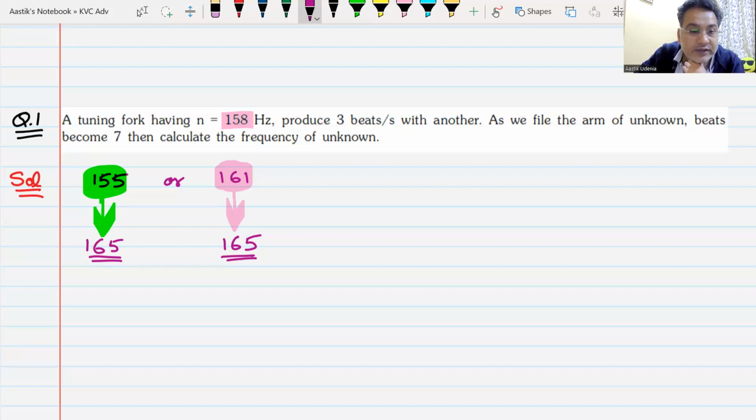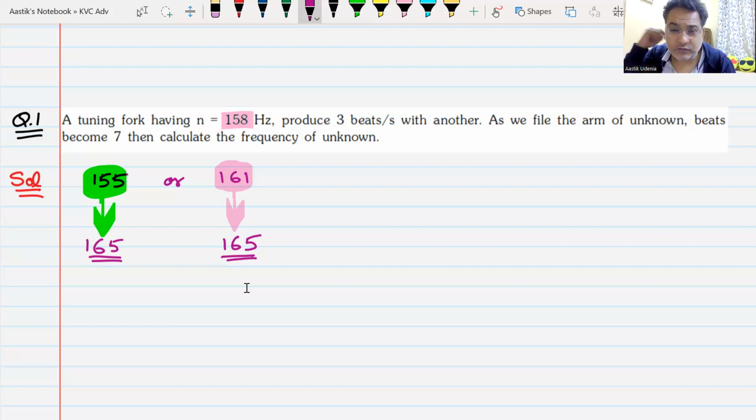Okay, I'll give you one more. Have you understood the answer in this case? Understood, sir. Now remember, in most cases, whether it is filing or loading, it is done on the known frequency.